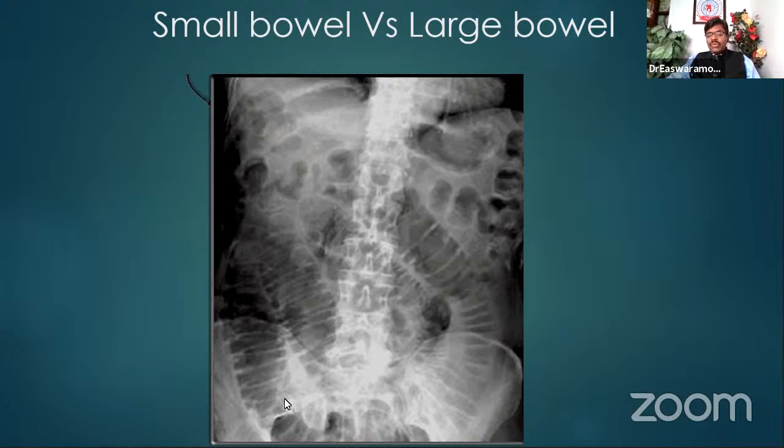Here it is centrally located. Central location, and second, the circular folds, that is valvulae conniventes, make it clear. Even without contrast, I can confidently say it is a small bowel dilatation, and that amount of dilatation is a sign of a small bowel obstruction. You can very easily, confidently tell.